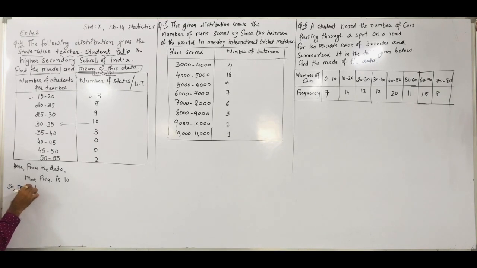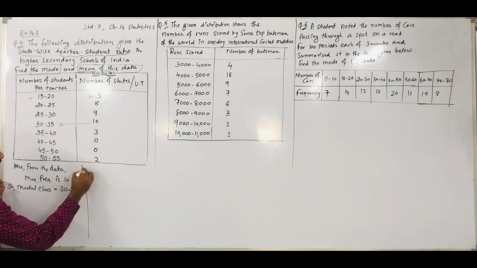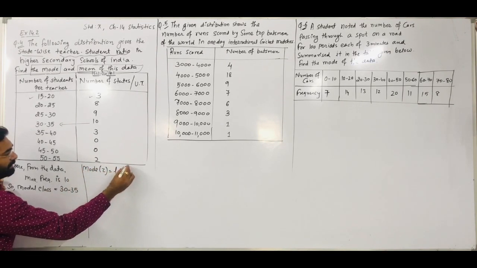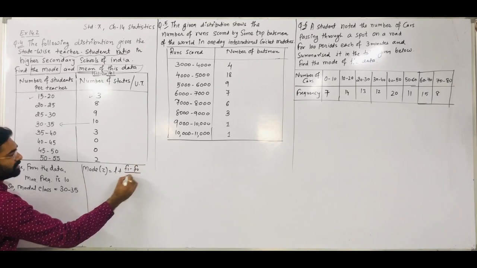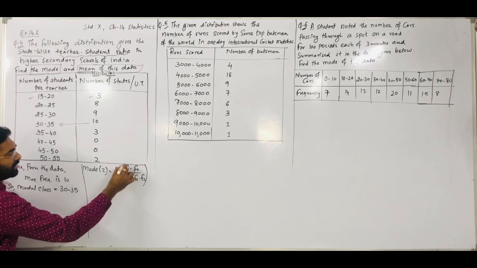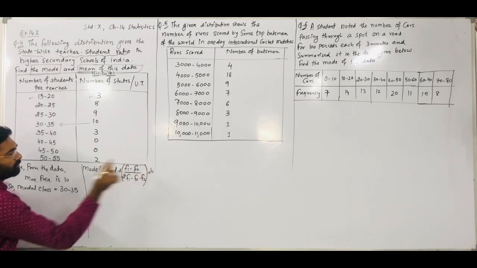So the model class is equal to 30 to 35. Okay. So whatever values we require in the mode formula, we have to write first. Here I mention the mode formula: L plus (F1 minus F0) upon (2F1 minus F0 minus F2) into H. This is the mode formula, right?